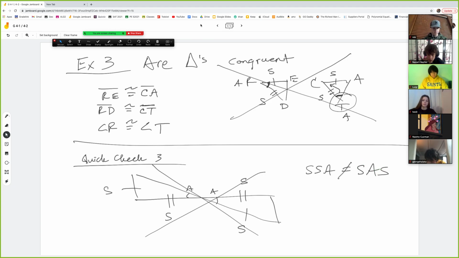You cannot say that they are the same. Even if they are congruent triangles, you cannot say that they are because you do not have the same angles. You do not have matching angles. The corresponding angle, we have side, side, angle. We would need this angle in order to prove that the triangles were congruent.